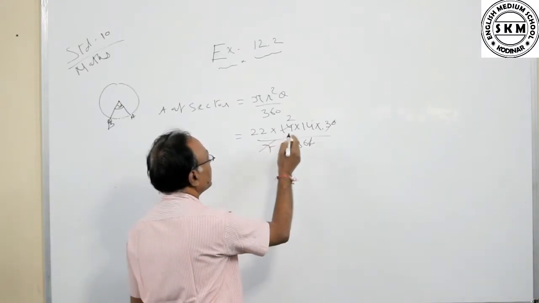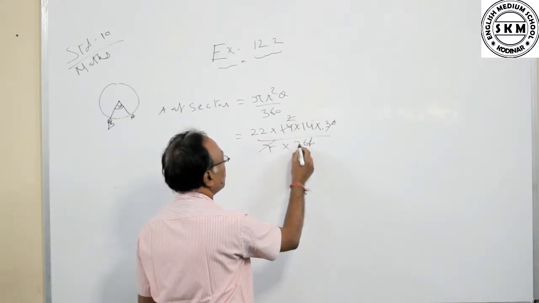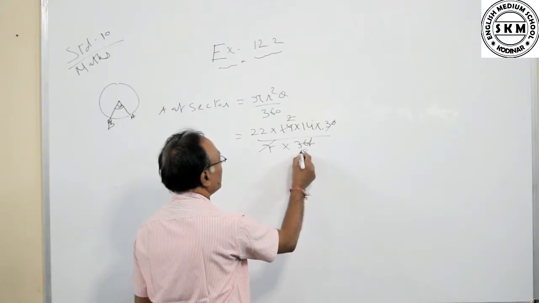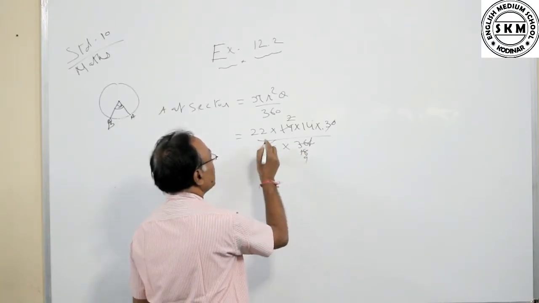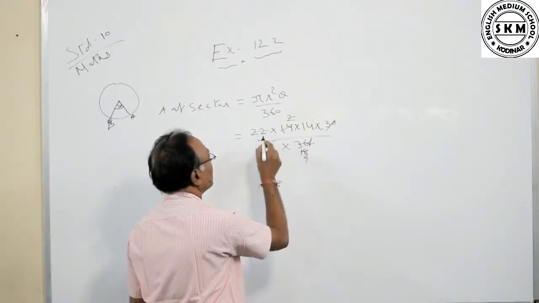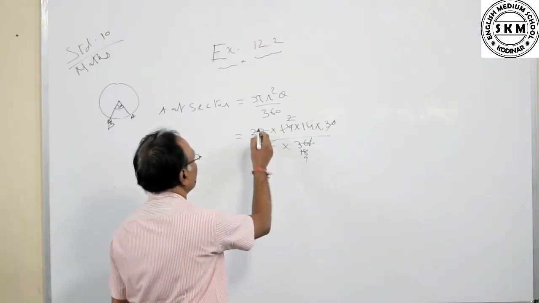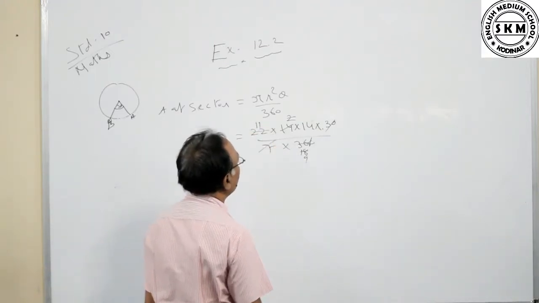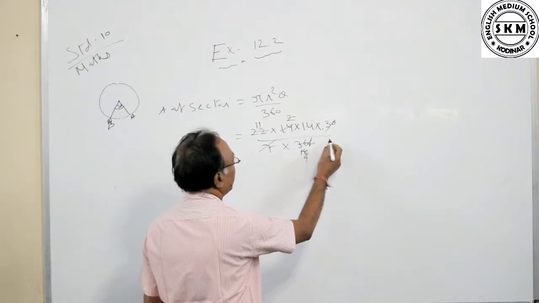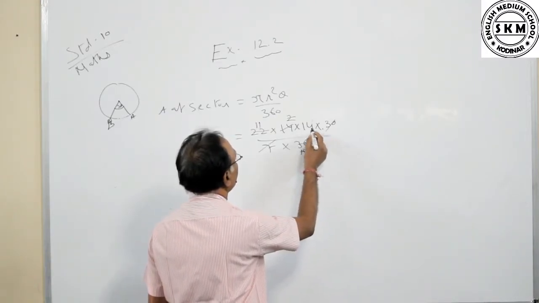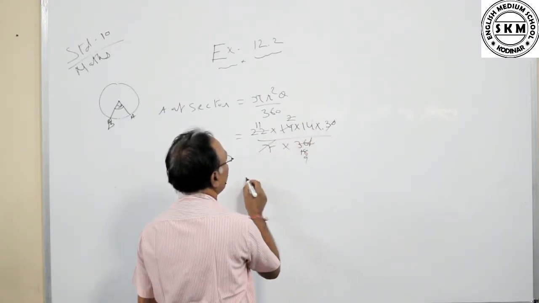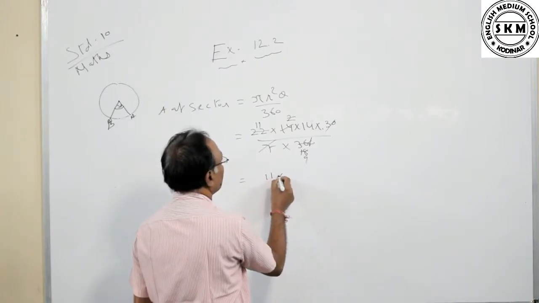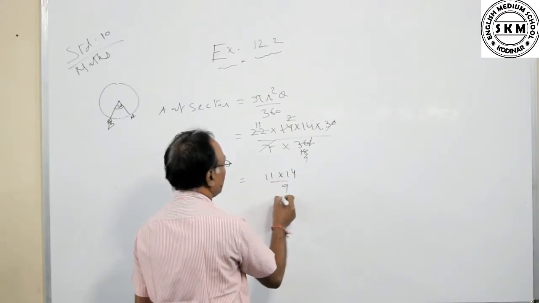Then 2 nines are 18, and 2 elevens are 22. Then 11 into 14 divided by 9.